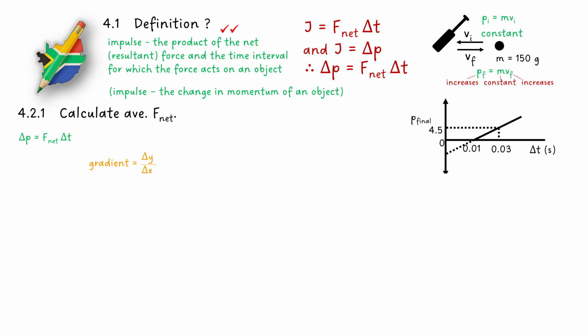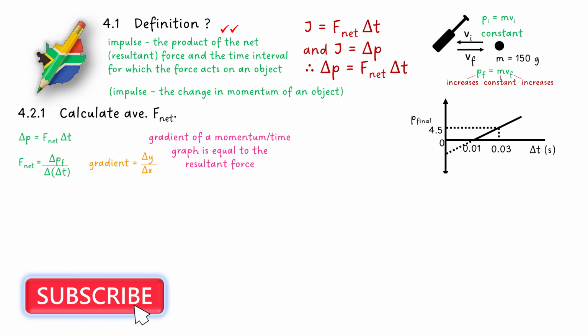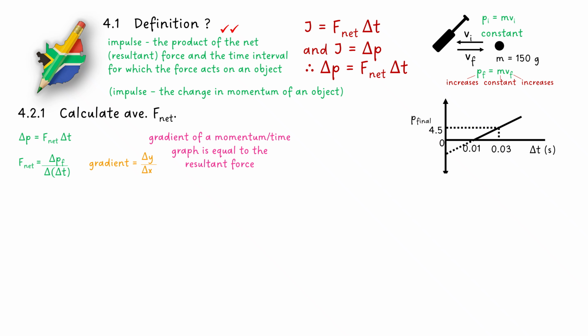Now, finding the gradient of the graph is the change in y over the change in x. Rearranging our equation in green to solve for the net force, we get the change in the final momentum over the change in time, which is the change in y over the change in x for the given graph. So we could say that the gradient of a momentum-time graph is equal to the resultant force.